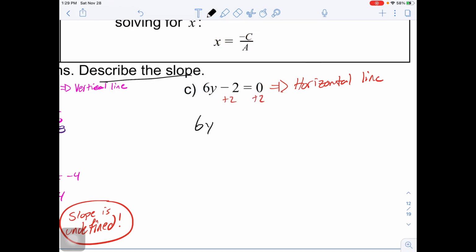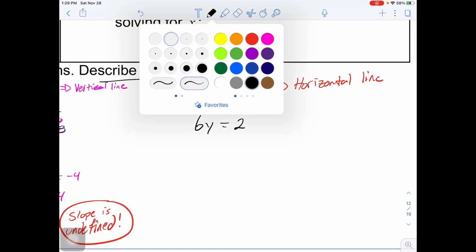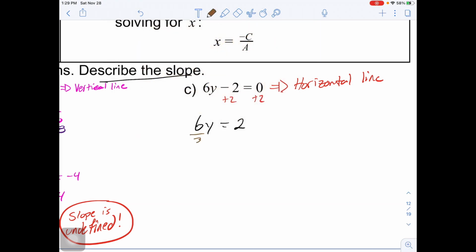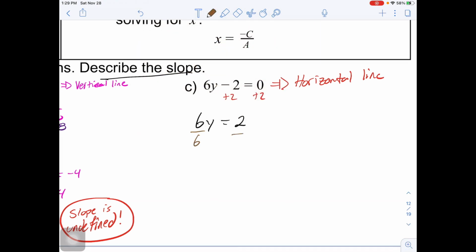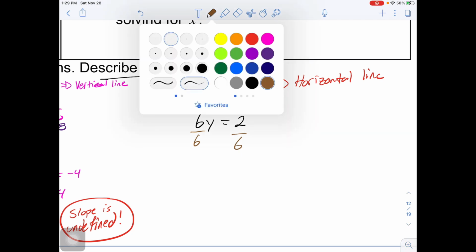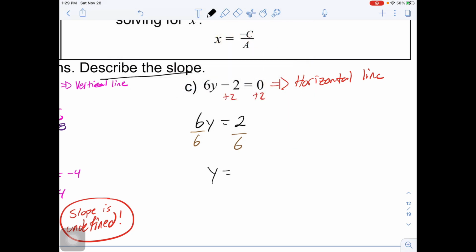So we'll get 6y equals positive 2. Divide by 6. And we will end up getting y equals, now recognize we get 2 over 6. And 2 over 6, both these numbers are divisible by 2. So we get 1 over 3. So y equals 1 over 3. And if you plug that in your calculator, it roughly equals 0.33.